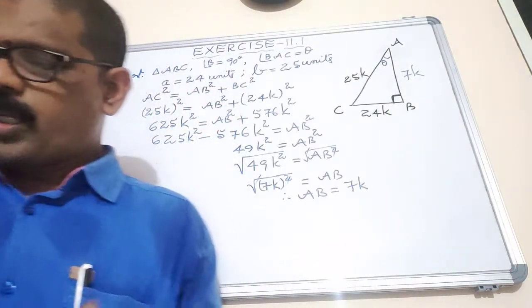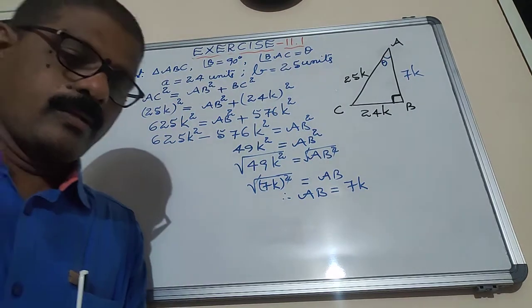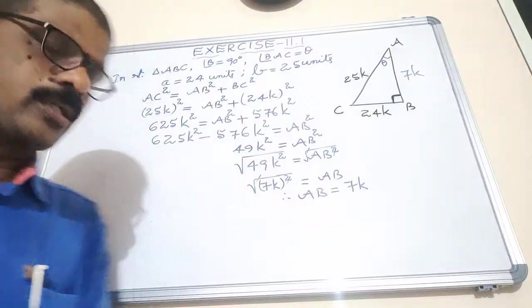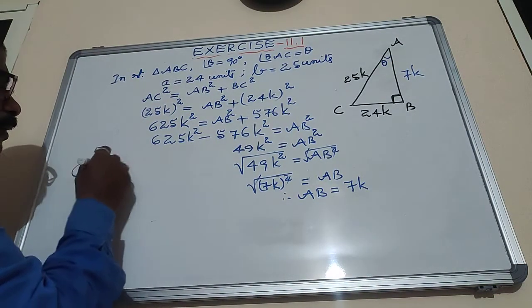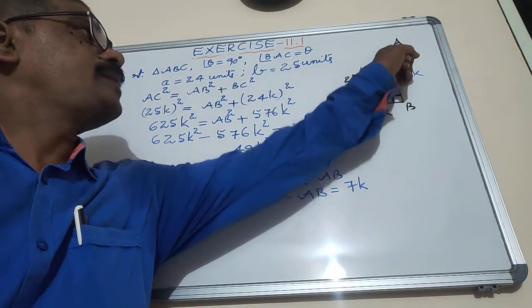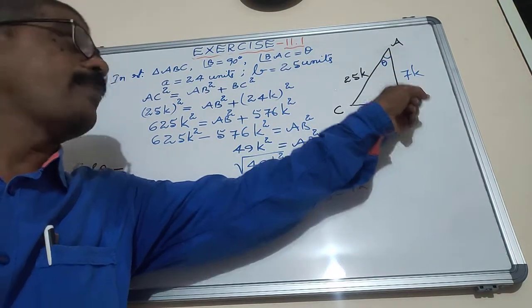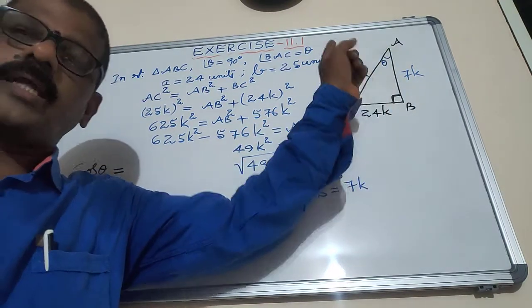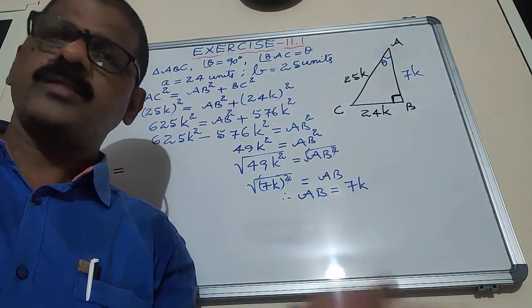Now you have to find cos theta. Cos theta equals the adjacent side to theta over the hypotenuse.